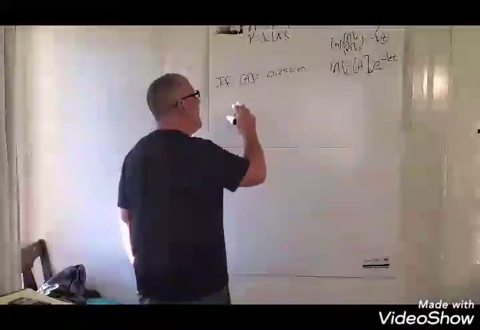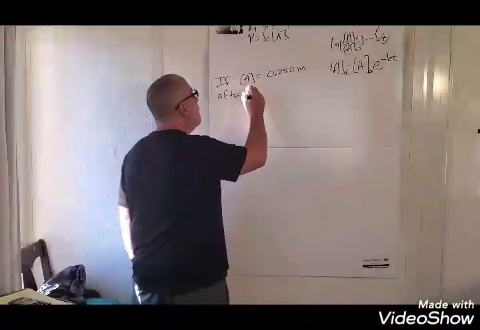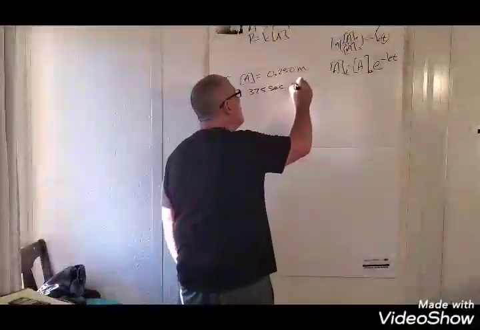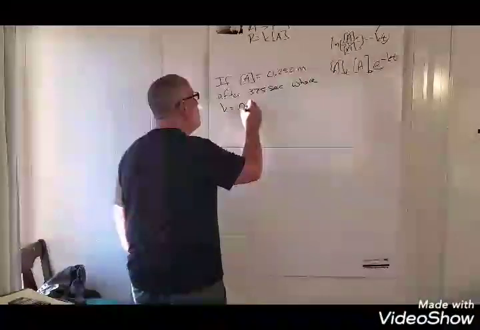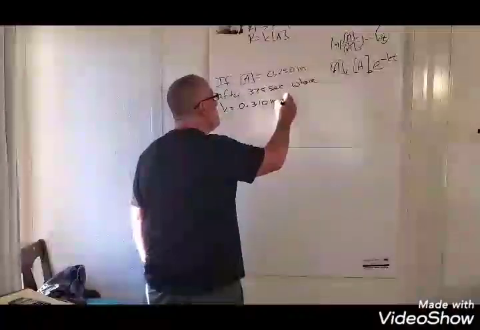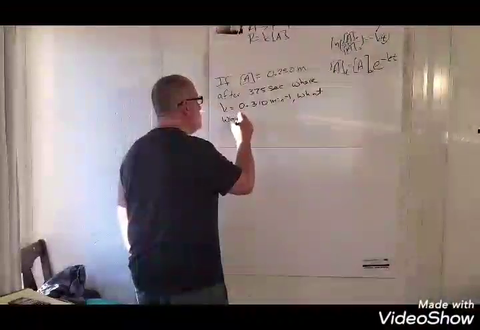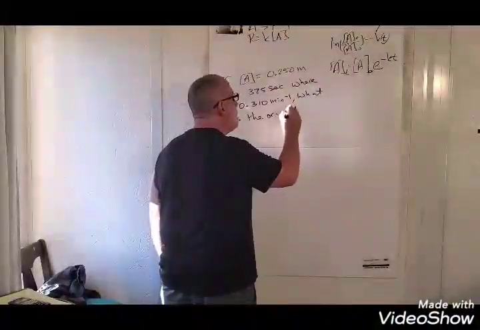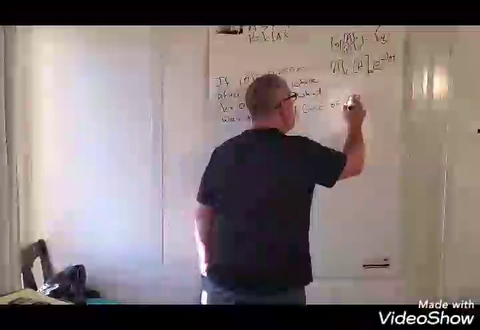If the concentration of A is equal to 0.25 molarity after, let's say, 375 seconds, where K, the rate constant, is, let's say, 0.310 minutes to the minus 1, what was the original concentration of A?